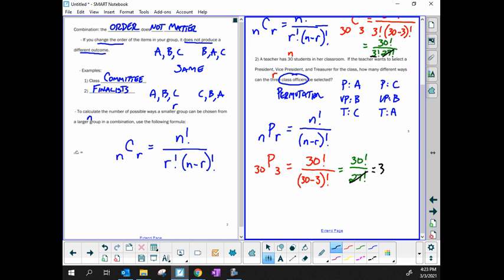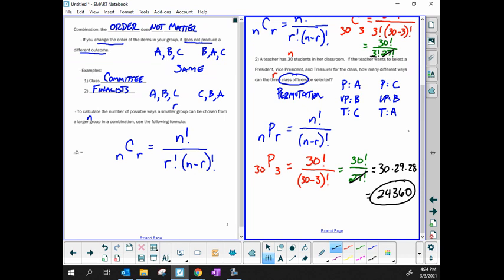It's going to leave me with a 30, a 29, and a 28, because the 27 down to 1 got canceled out. So all I do is multiply those three numbers together. 30 times 29 times 28 comes out to be 24,360 different ways. So if a teacher has 30 students and they want to pick 3 class officers, there are 24,360 different class officer groups that you could have.